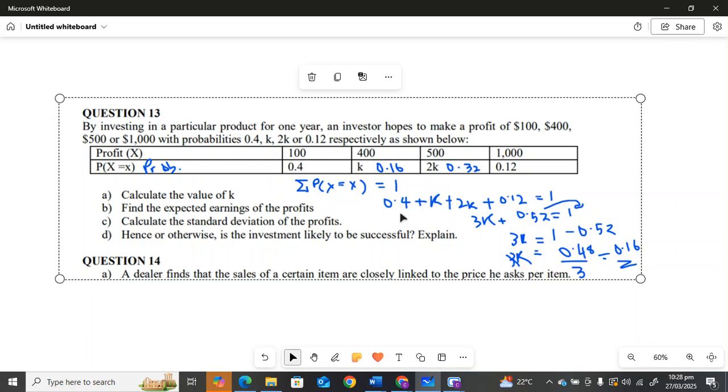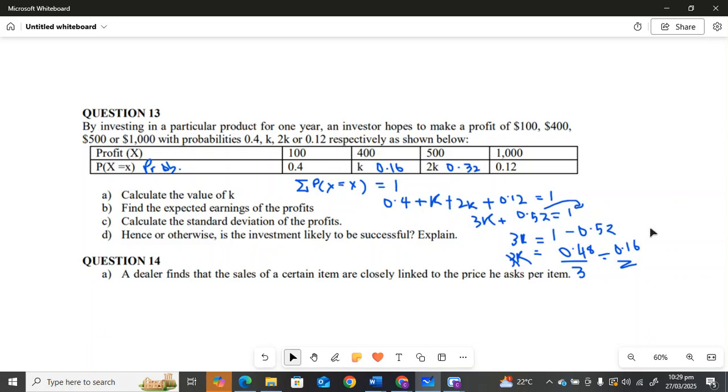It's 0.4 plus K plus 2K plus 0.12 equals 1.